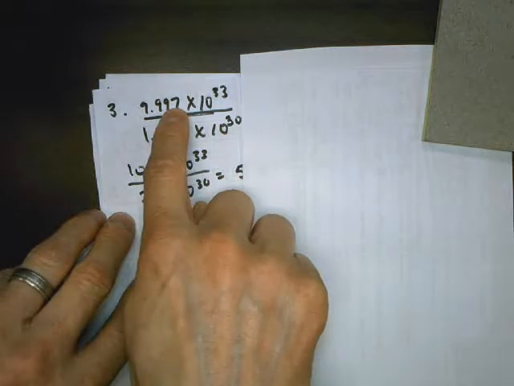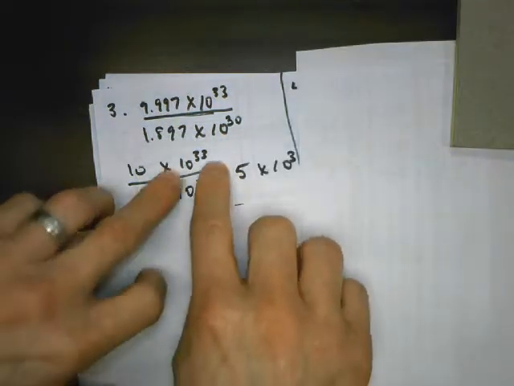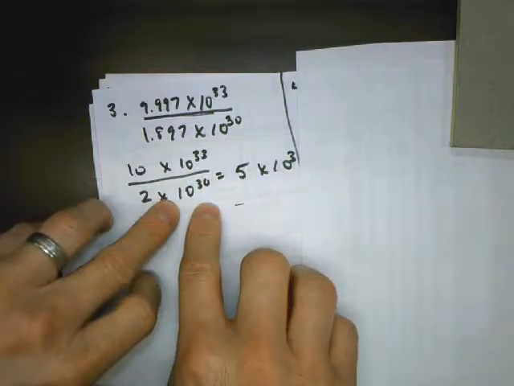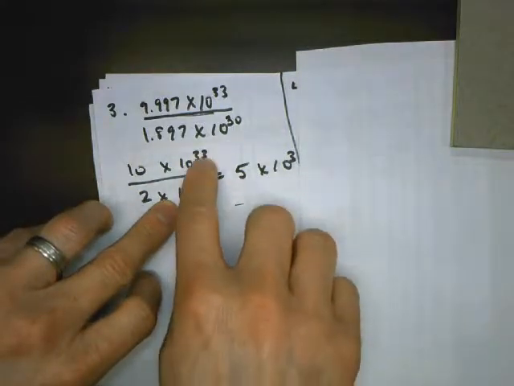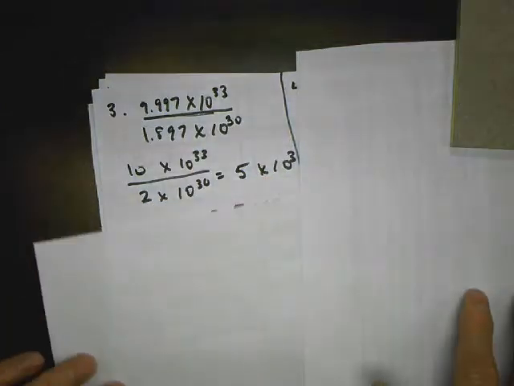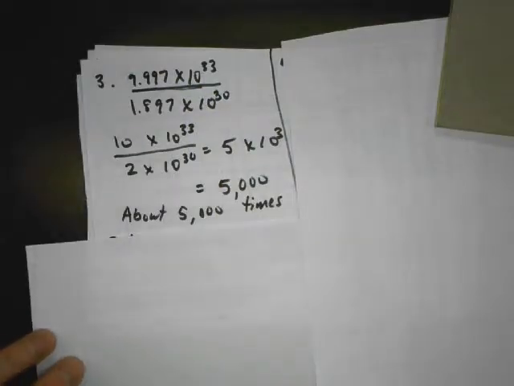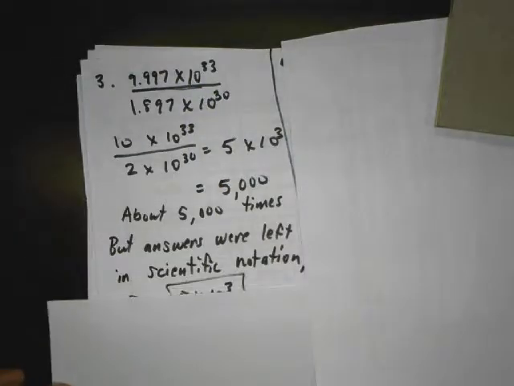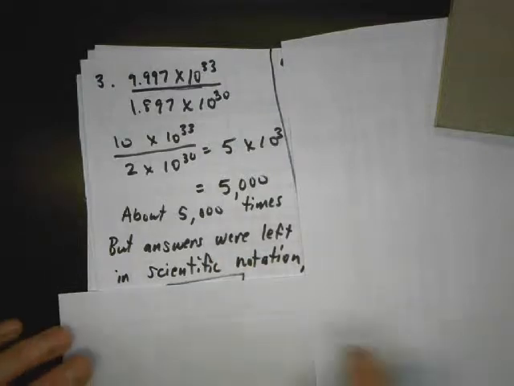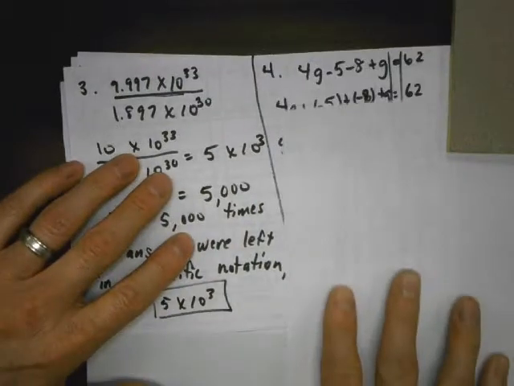So that's basically 10, and that's basically 2. 10 divided by 2 is 5, and 10 to the 33rd power divided by 10 to the 30th, like we said earlier, dividing powers with the same base, copy the base, subtract the exponent, there's your answer. Now, sometimes we have to convert that, so that's really about 5,000 times, but when we look at our answers on the test, or in this case on your study guide, you see that they left it in scientific notation. I left it in scientific notation this time, so the answer is 5 times 10 to the 3rd power.